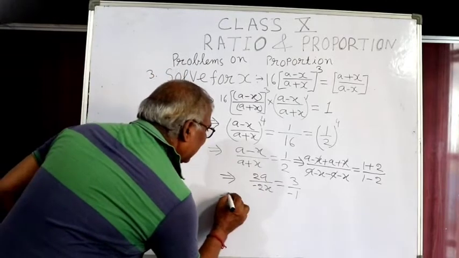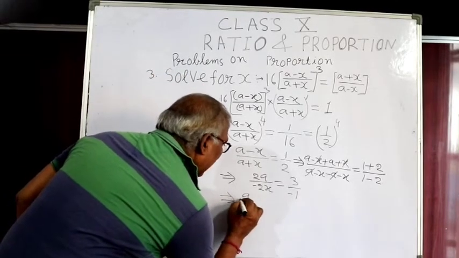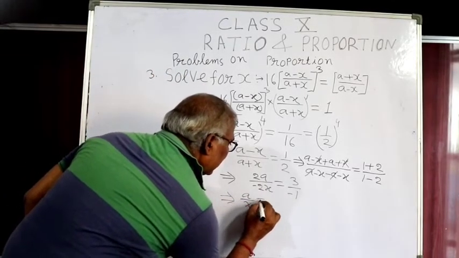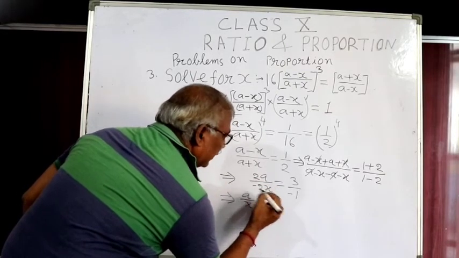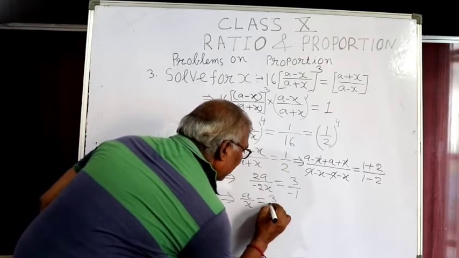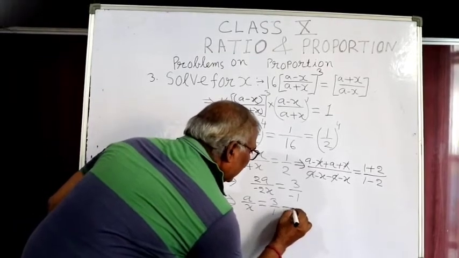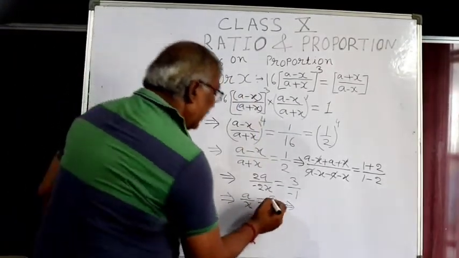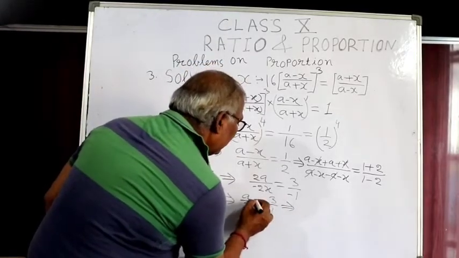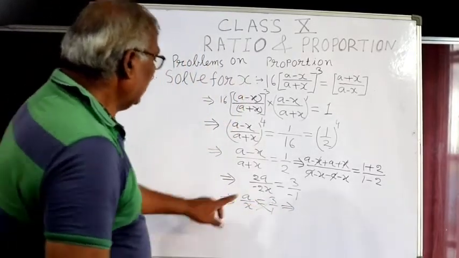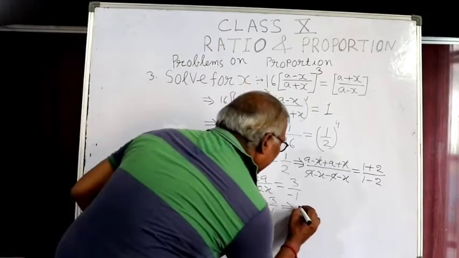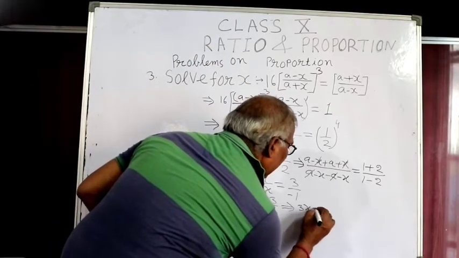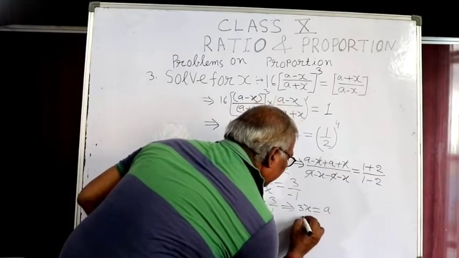This implies that a upon x is equal to, this 2 and this 2 cancel, 3 upon 1. By cross multiplication we get 3x is equal to a.